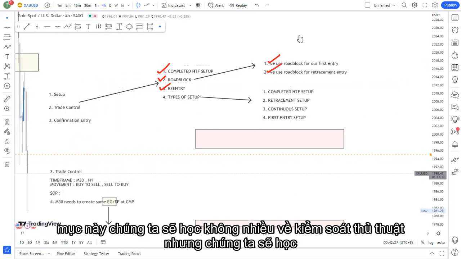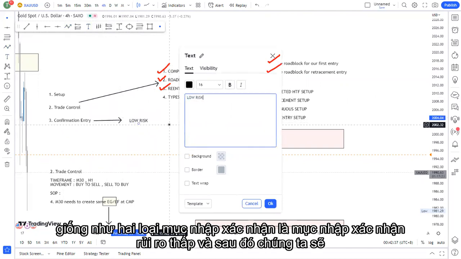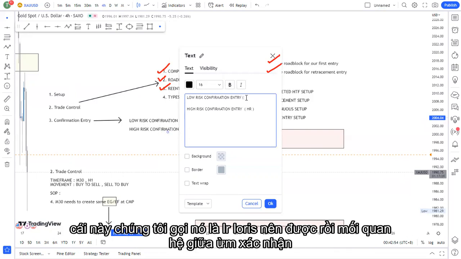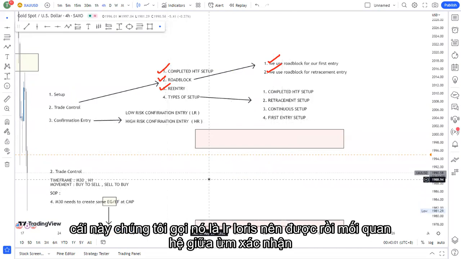We are going to learn it, not as much as trade control, but two types of confirmation entry: low risk confirmation entry and high risk confirmation entry. This one we call HR, high risk, and this one we call LR, low risk.